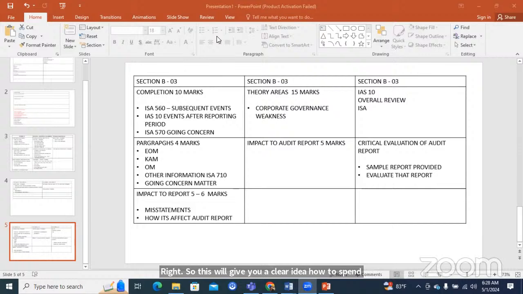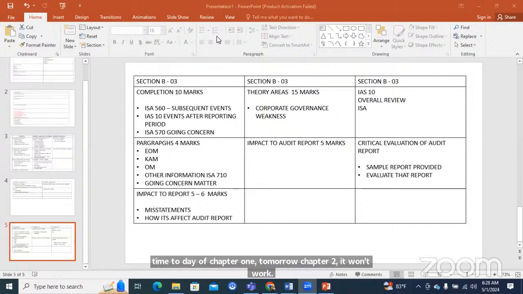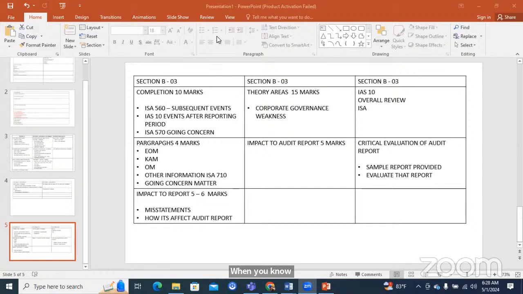When we are talking about time management for this audit paper, there are 12 chapters. If you spend equal time on all 12 chapters, today chapter 1, tomorrow chapter 2, it won't work. When you know these combinations, you can effectively combine and study. Planning and risk assessment should be studied together. It is very important. In my material, that is chapter 6 and chapter 7.